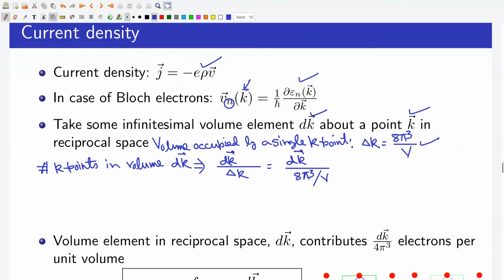Now, each k point can hold up to 2 electrons according to Pauli's exclusion principle.